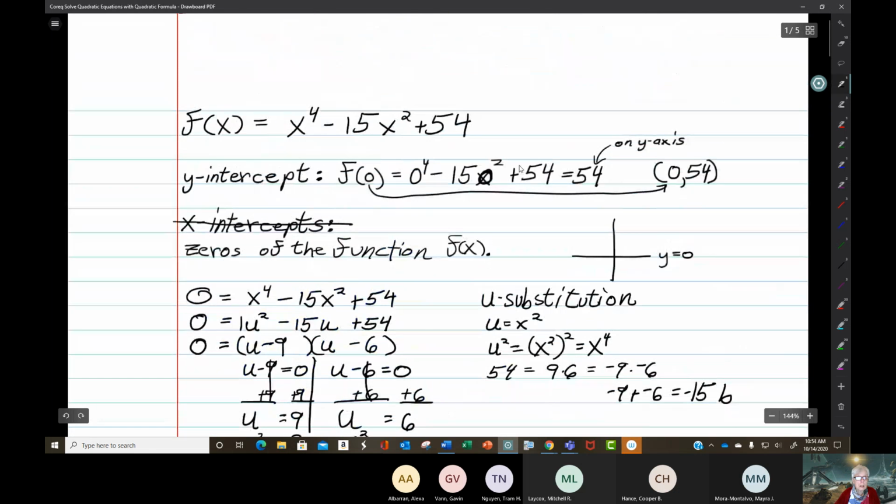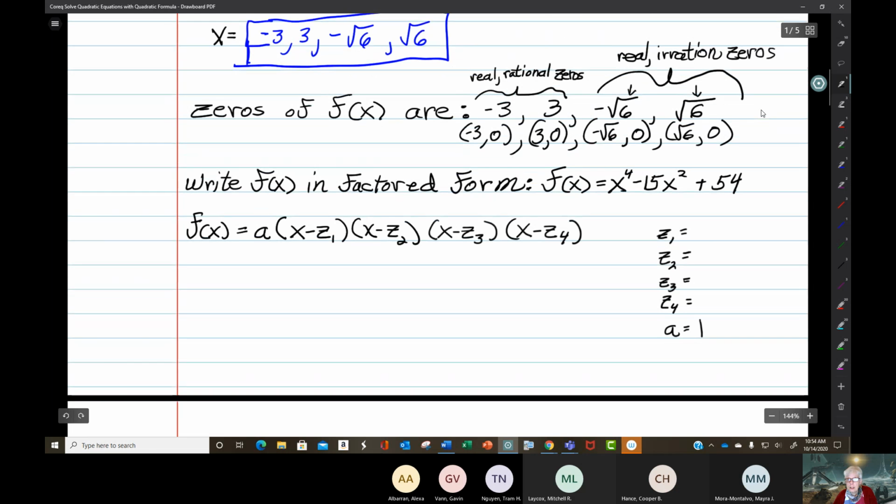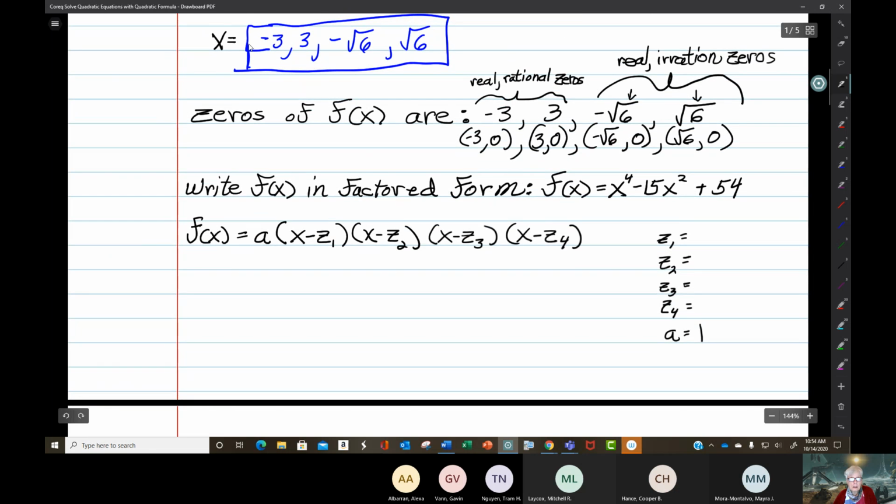The number in front of the leading term is an invisible 1. So, problem solved. A is 1. Now, no matter what your order is, let's go to the list of zeros right up here. And we can just say -3, 3, negative the square root of 6, and the square root of 6.